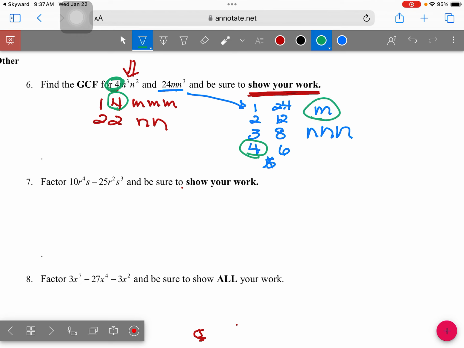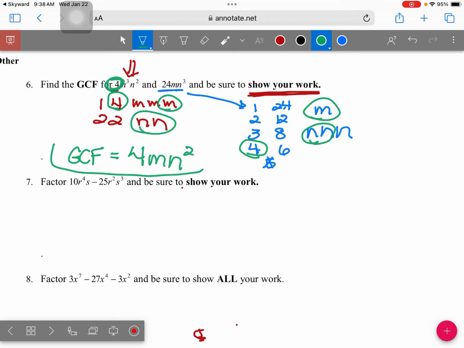This only has 1, so I can only take 1 from that. And how many n's can I take away from both? 2. So that means my greatest common factor is everything that I circled. 4, m to the first, or just m, and n to the second. That's finding the greatest common factor.